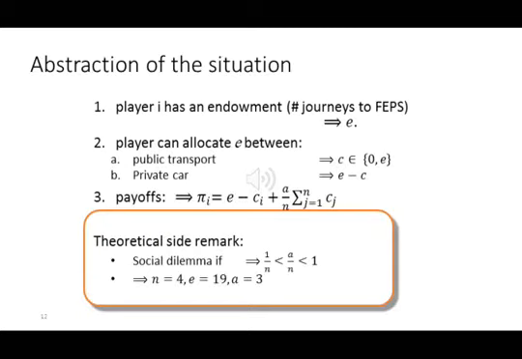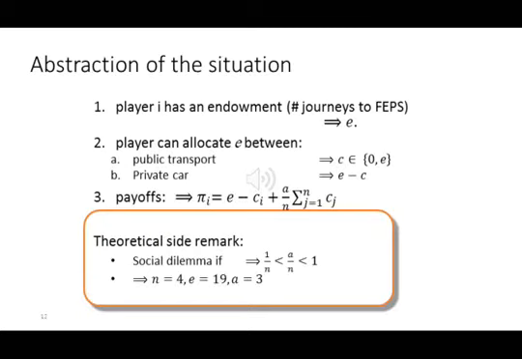What is this? 1 is the return from the private account, which, as we said in the previous example, means £1 that remains in the private account remains £1. A over n is the marginal per capita return, which again from our previous example was 0.4. So here the 1 is greater than the 0.4, which is greater than 1 over n. N is the group size, or the number of members in my society.